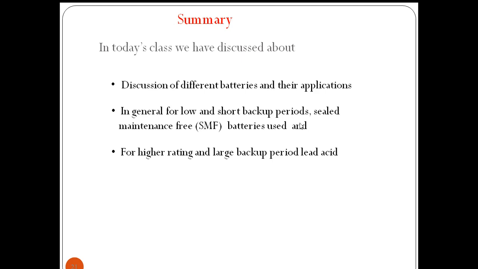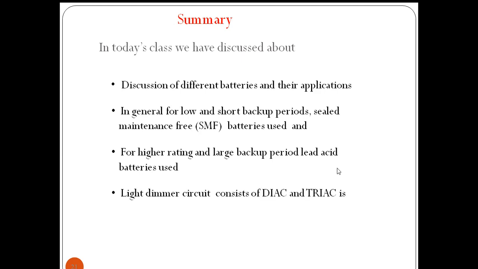We have also discussed an important application of power electronic circuits, the light dimmer circuit consisting of diac and triac.